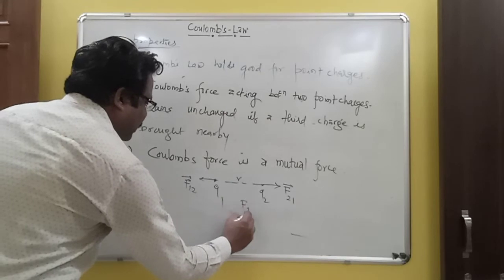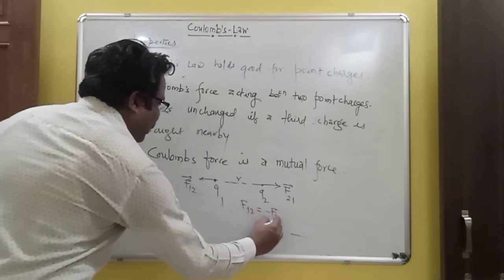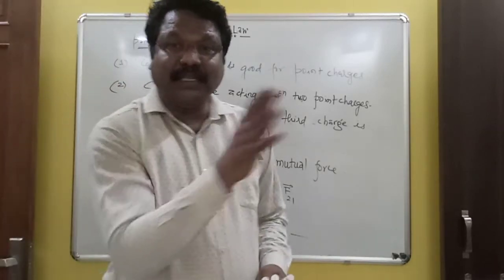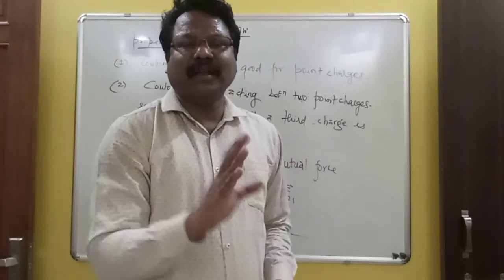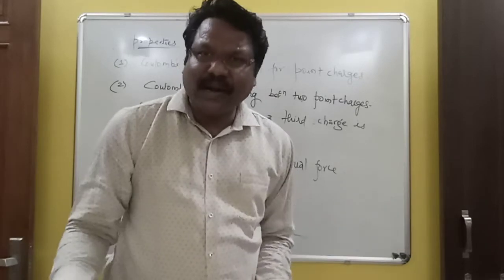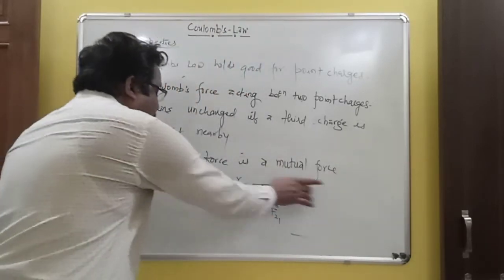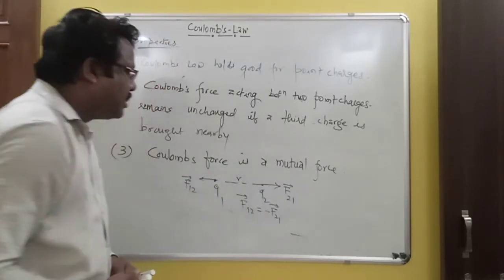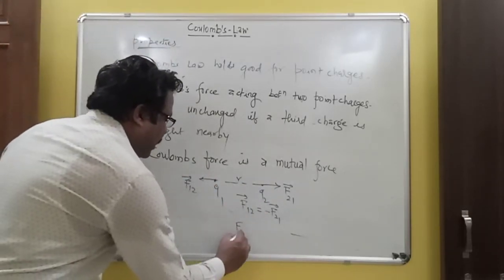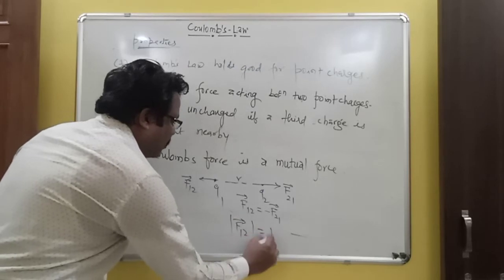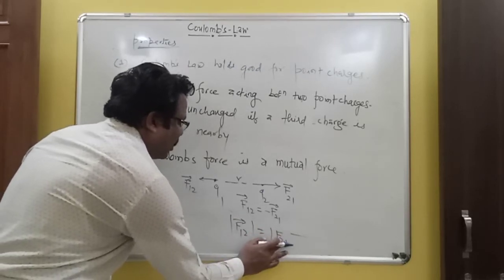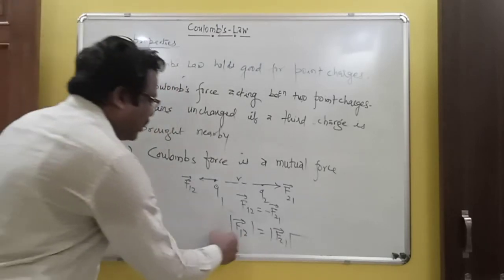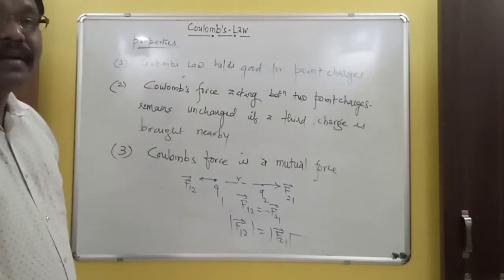These two forces will be equal and opposite to one another, irrespective of the charges. Whatever charges are there, Q1 and Q2, the charges may be different, but the magnitudes of the forces will be the same. They are exerting equal and opposite forces on one another. The magnitude of F21 is equal to the magnitude of F12.